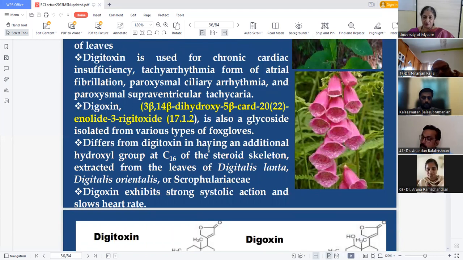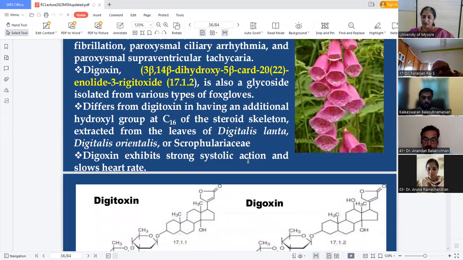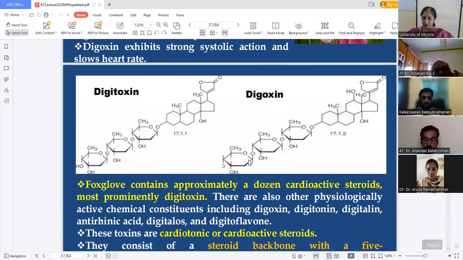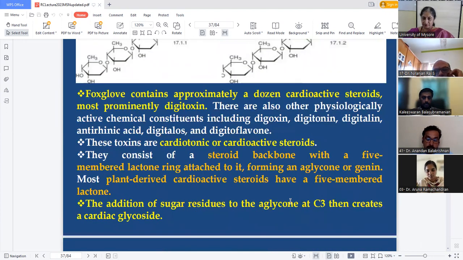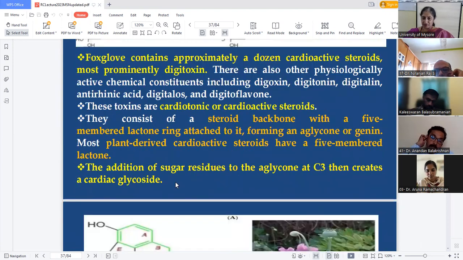Species of Digitalis such as Digitalis orientalis, Digitalis lanata and Digitalis purpurea are sources of this drug. This belongs to the foxglove family, Scrophulariaceae, which produces a lot of cardioactive steroids, the most prominent of which is digitoxin. It differs from other animal-based steroids.